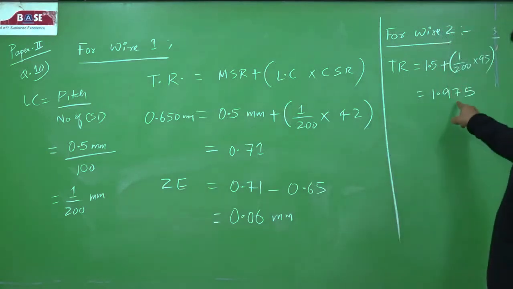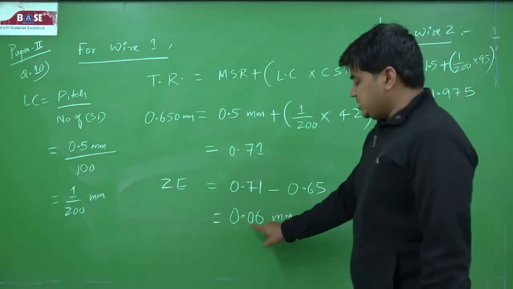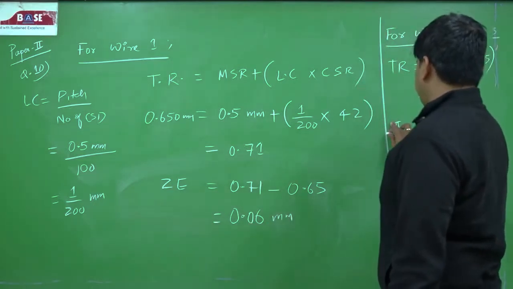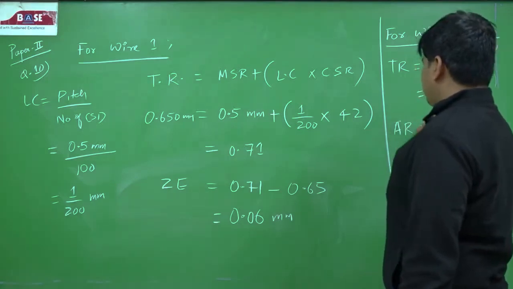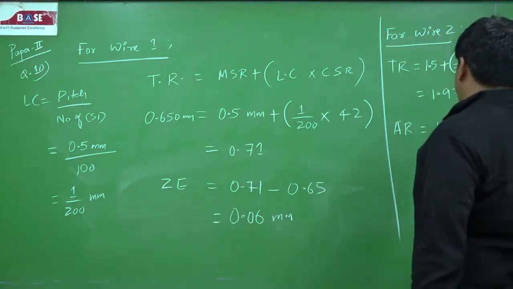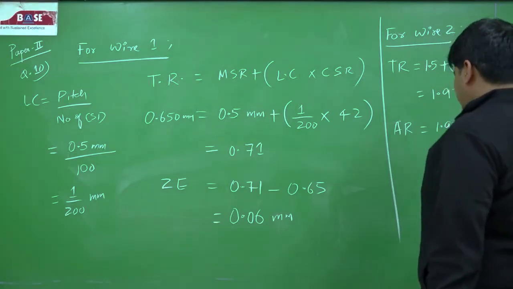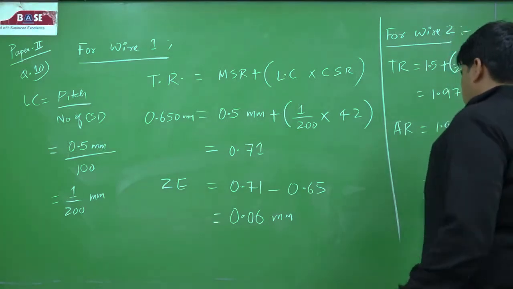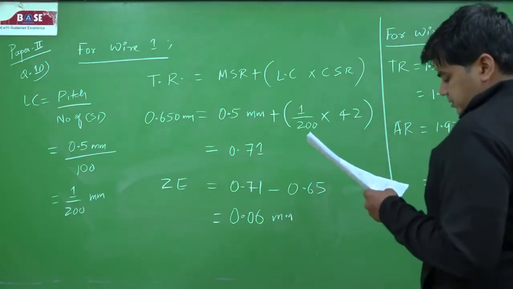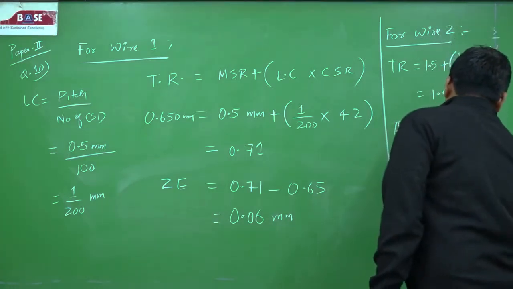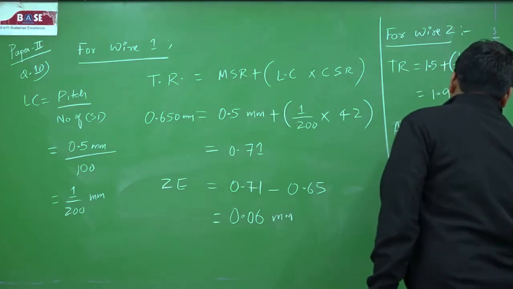This is the value with zero error, so we subtract the zero error from it. The actual reading becomes 1.975 mm minus 0.06 mm, which gives 1.915 mm.